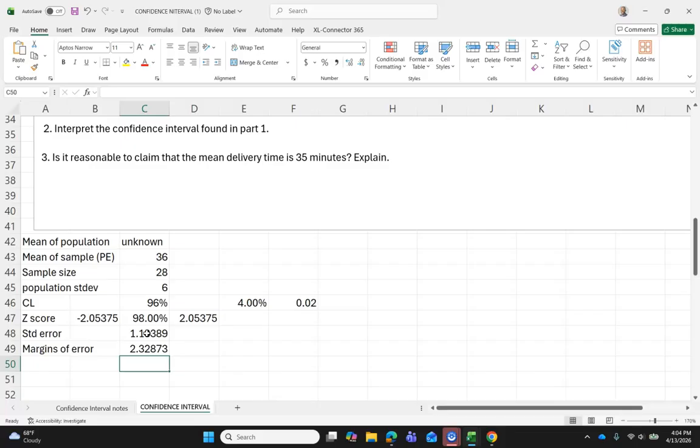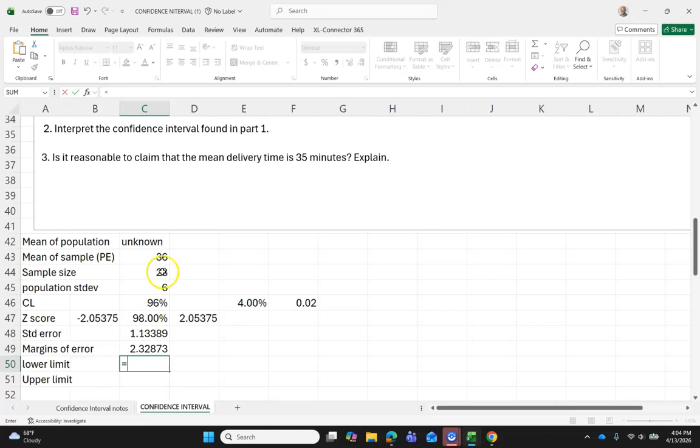And so we can find the margin of error of plus or minus if we find the lower bound, lower limit, and also the upper limit. To get the lower limit, we're going to take the point estimate minus the margin of error.